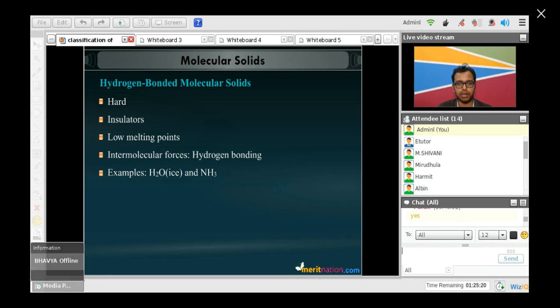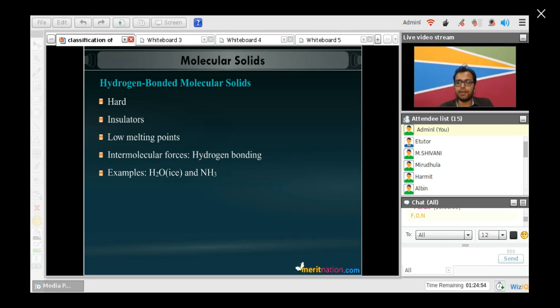Now the intermolecular force here will be hydrogen bond, right? And examples of this are H2O ice and NH3. Can anyone tell me between which different atoms a hydrogen bond is possible? Hydrogen bond can be formed by hydrogen with any of the atoms F, O, N, right?